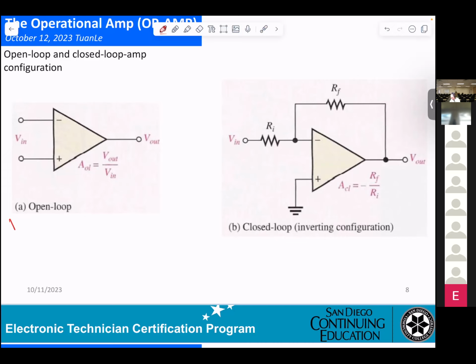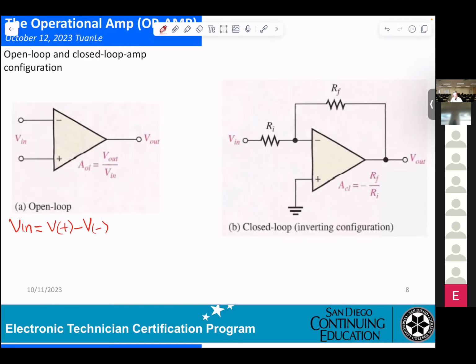So Vin in this case is the difference, V at positive minus V at negative. Okay? In the book, they just say Vin.